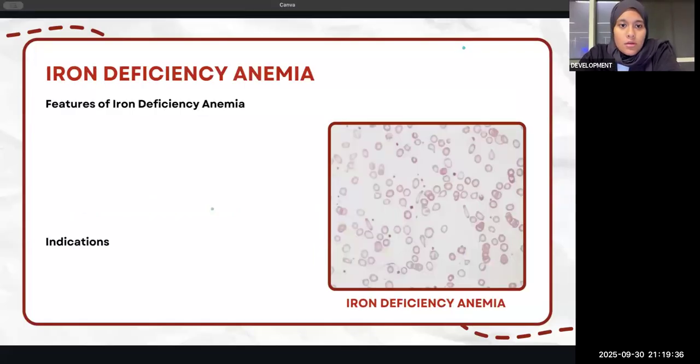Before I go into the anemias, any questions? Neutrophilia means increased amount of neutrophils. If it's chronic, it can be a disease. And CML, I double checked on your group chat.